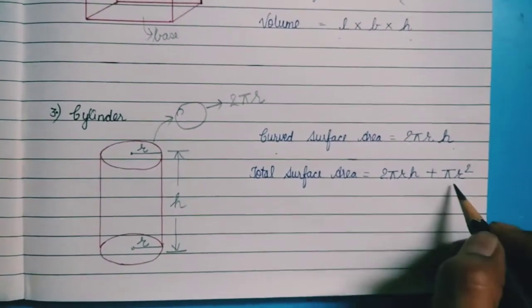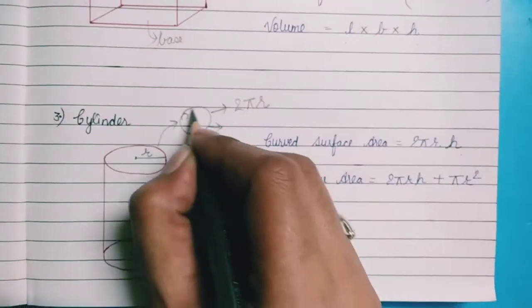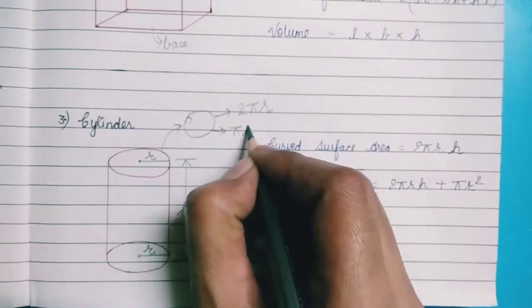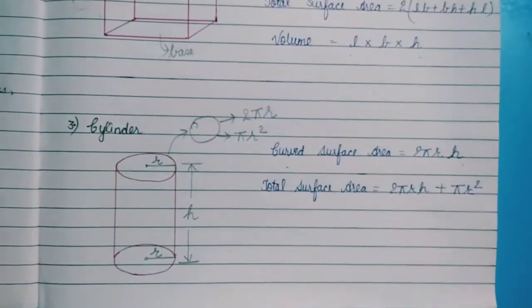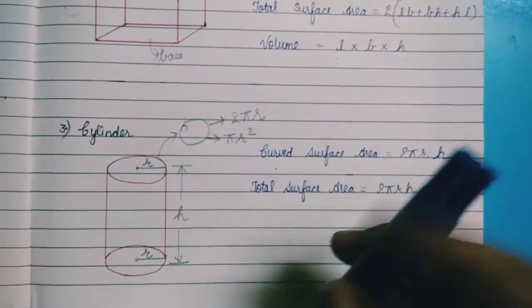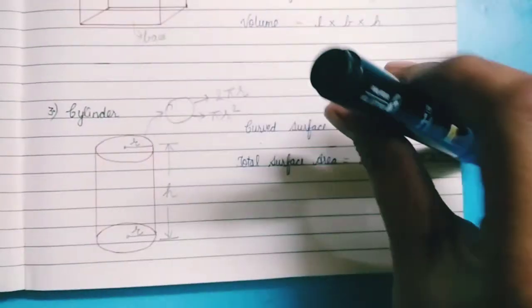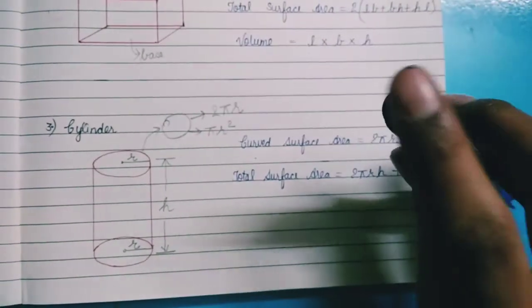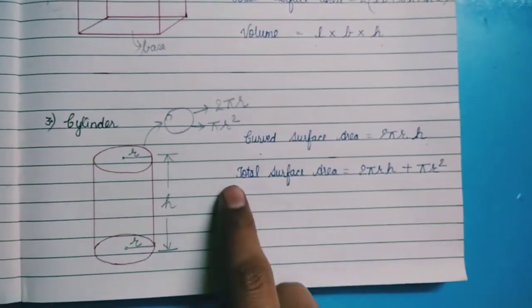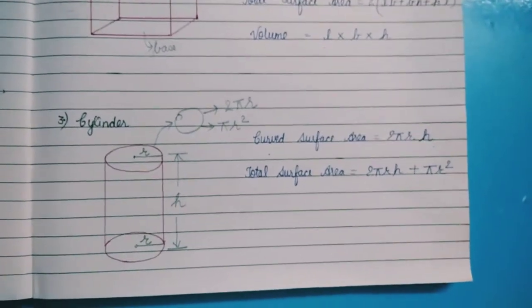Why pi r square? Because the simple circle area is pi r square, and on the top and on the bottom we have a simple circle. So this area will also be included in the total surface area.